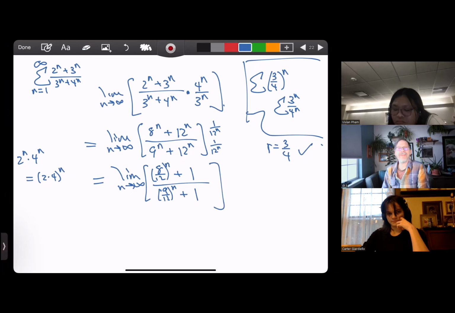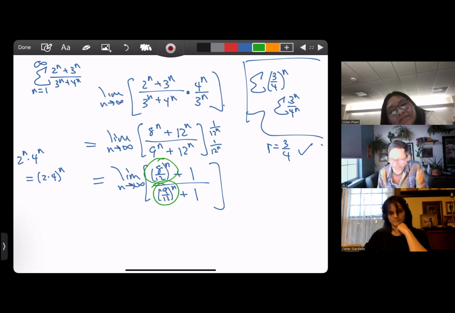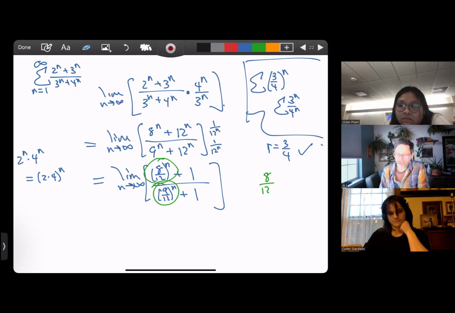Okay, everything's good. Where do these pieces go as n gets bigger? So 8/12, when you square it, you get a fraction of a fraction. So when I do 8/12 times 8/12, that gets smaller.